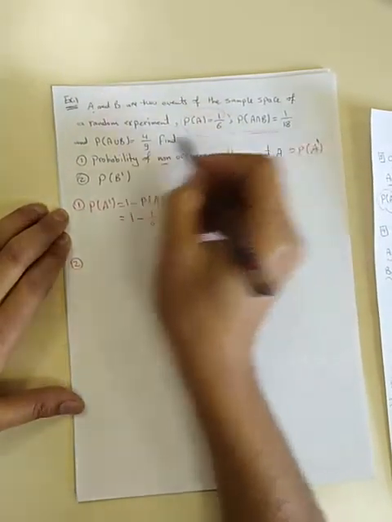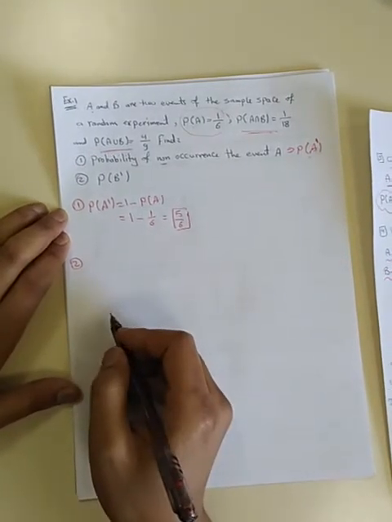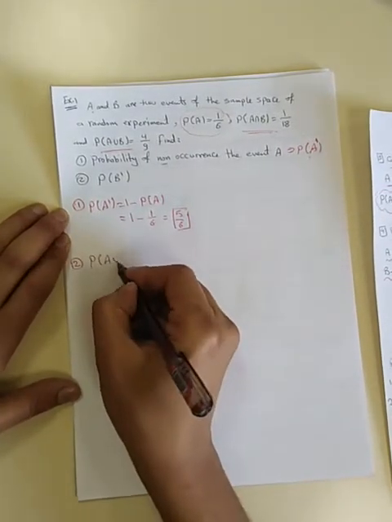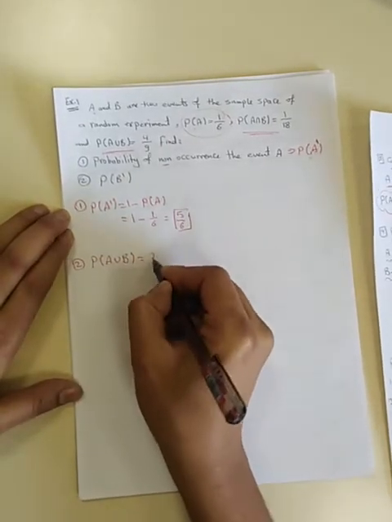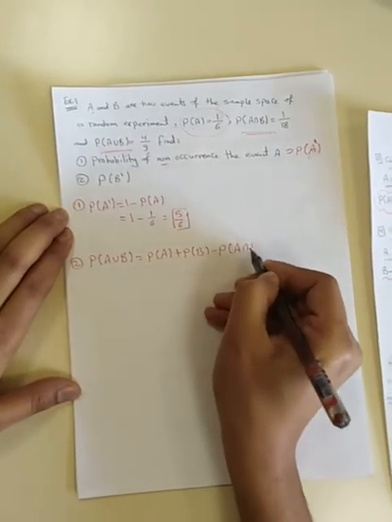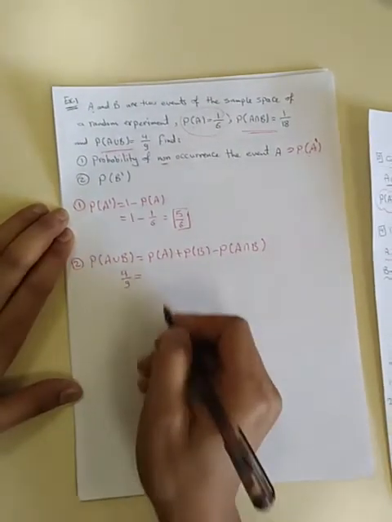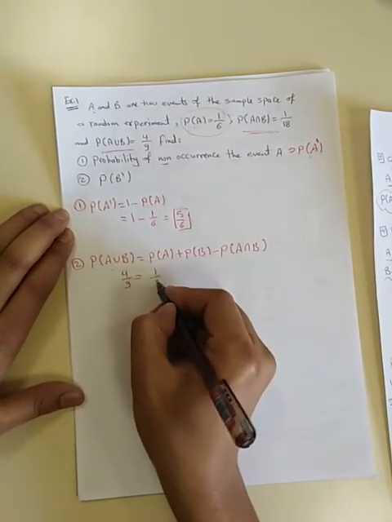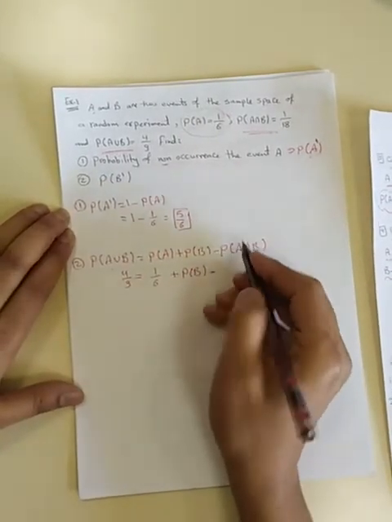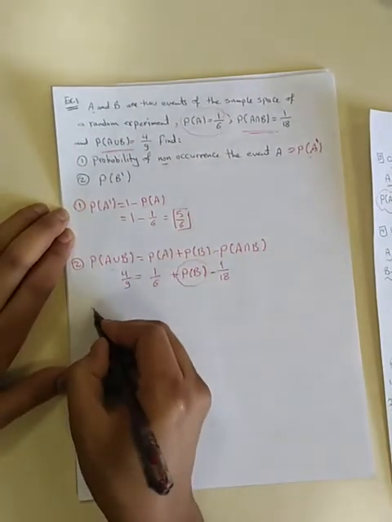We have probability of intersection, probability of union, and probability of A. We studied in the last lesson a rule about the relation between union and intersection: probability of union equals probability of A plus probability of B minus probability of A intersect B. Probability of union equals 4 over 9, probability of A equals 1 over 6 plus probability of B, which we want to get, minus probability of A intersect B, which equals 1 over 80. Hence, we can get probability of B.